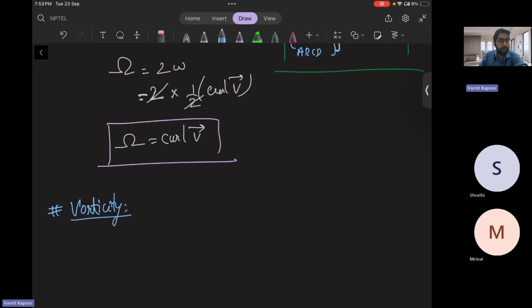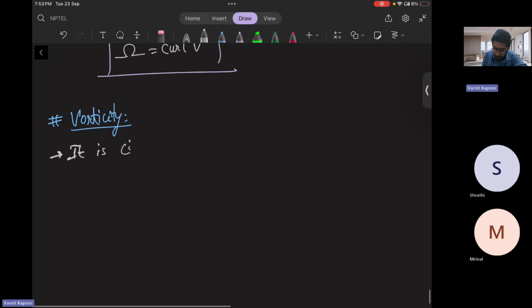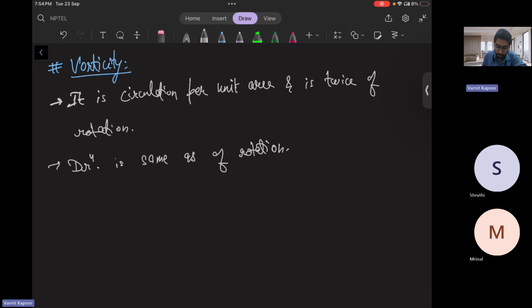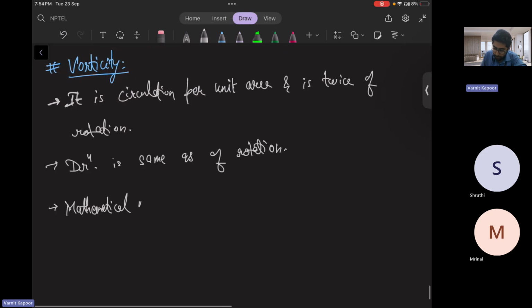Vorticity is circulation per unit area and it is twice the rotation. The direction of vorticity is the same as that of rotation, and it is a mathematical measure of rotationality.